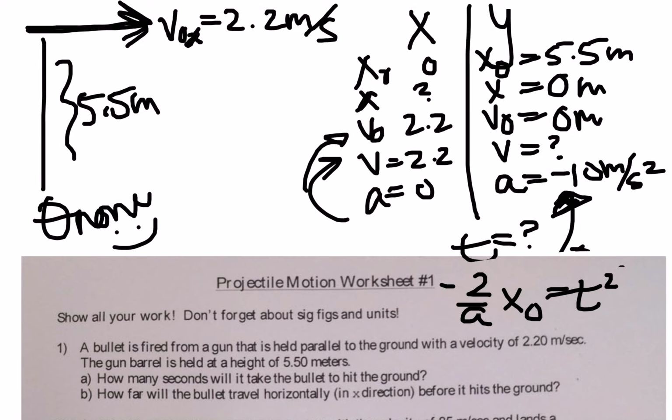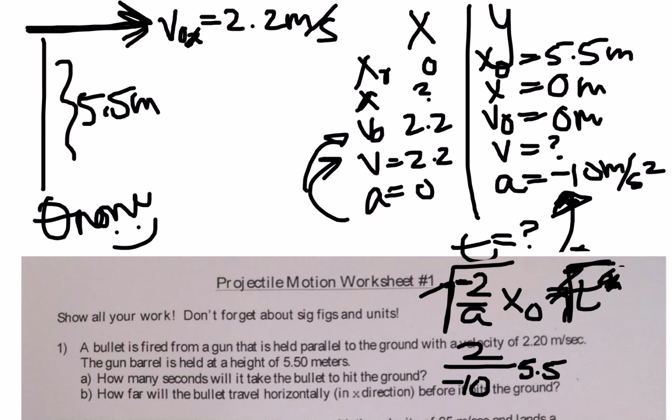And the only thing left to do to our t is we must square root it. Alright, so that negative in there, and since remember our acceleration is negative, that will end up canceling out to be positive, so don't worry. So now all you have left to do is plug in your numbers. So we have 2 over negative 10 is our acceleration, times our initial height, which is 5.5.